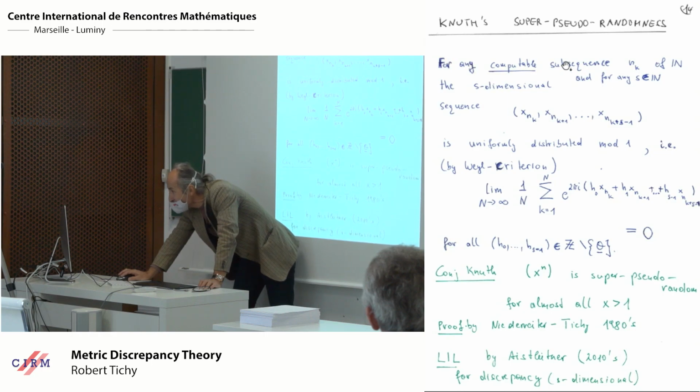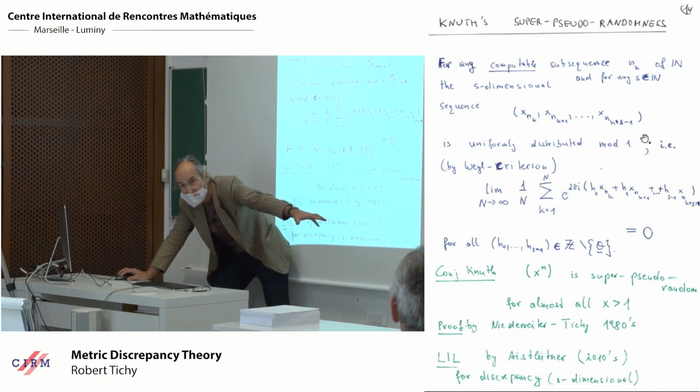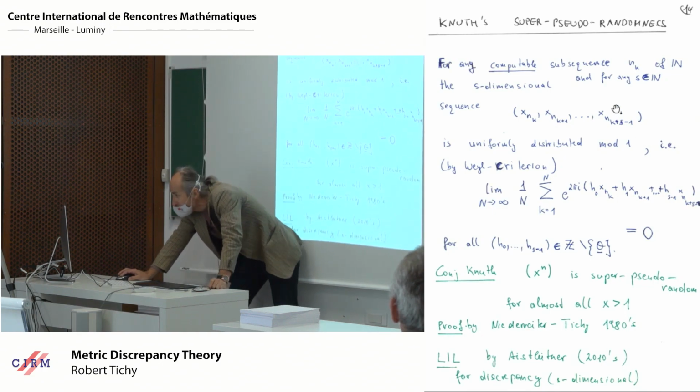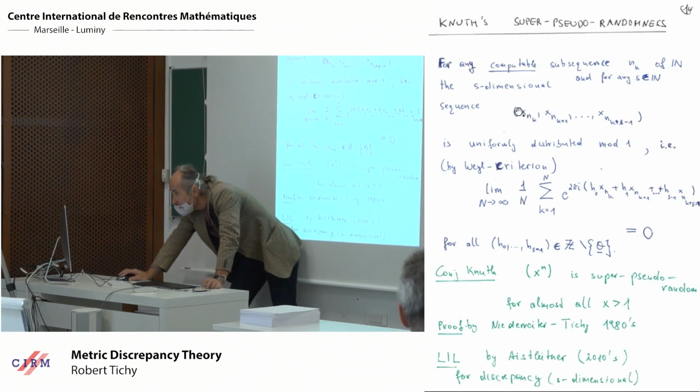So for any computable subsequence of n, take the S-dimensional sequence. This is the first and last point where I consider multidimensional aspects. I mentioned at the beginning, I will do it only at the end. So S-dimensional means you take blocks, as Manfred did, and the blocks consist of x_{n_k} along this subsequence.